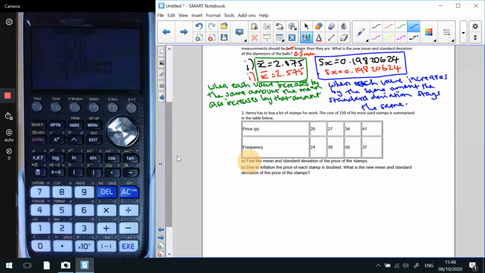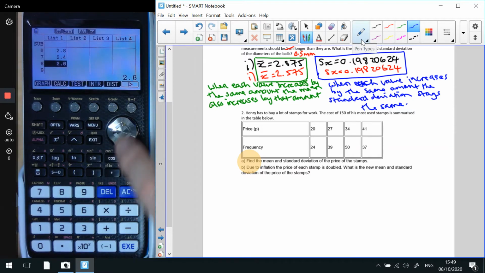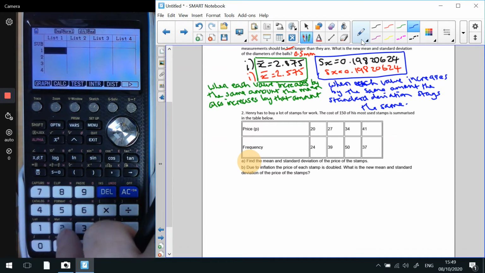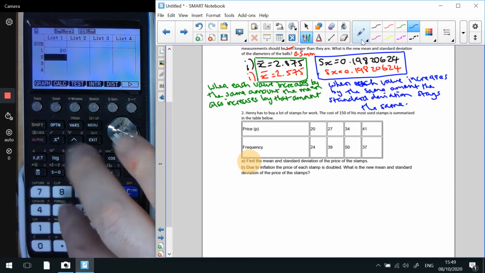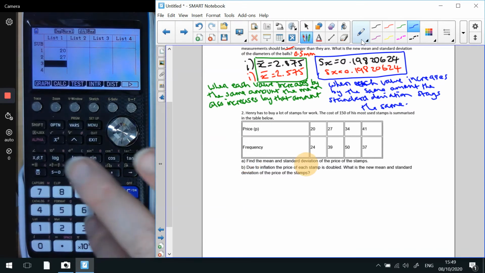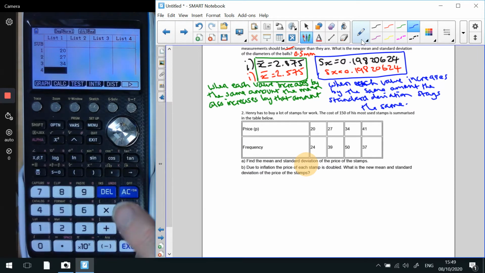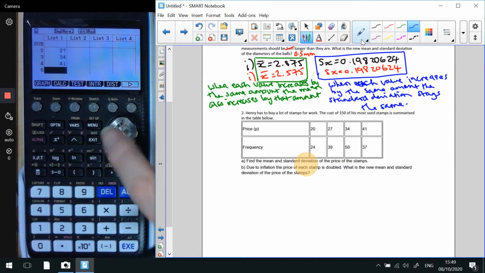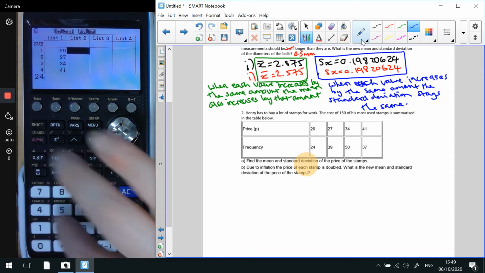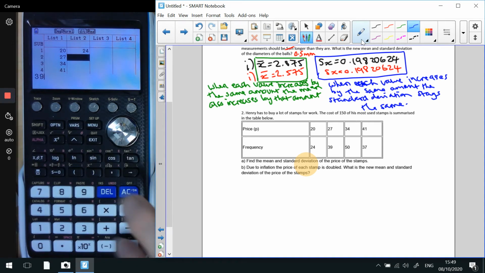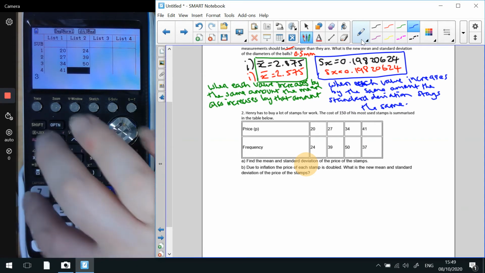Having a look at our second example, now we've got Henry who buys stamps, and this is the information about the prices that he pays, and again we're trying to find the mean and the standard deviation. So I'm going back in my calculator, deleting the data I have in there. So we've got 20 pence, 27 pence, 34 pence and 41 pence. And then we have some frequencies of 24, 39, 50 and 37.